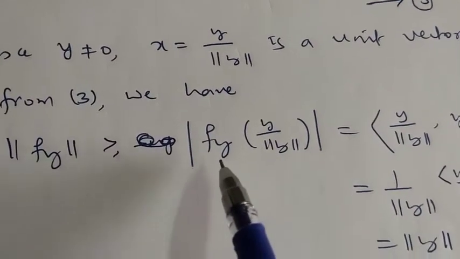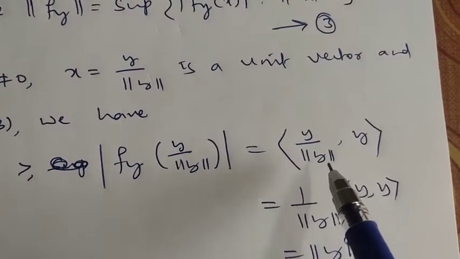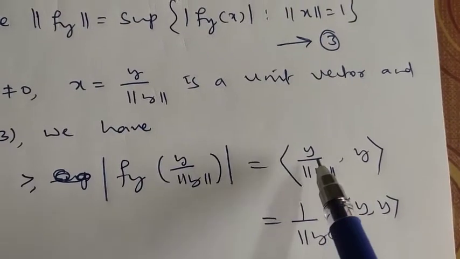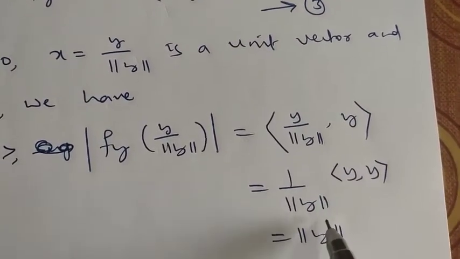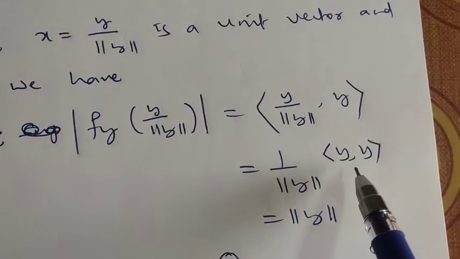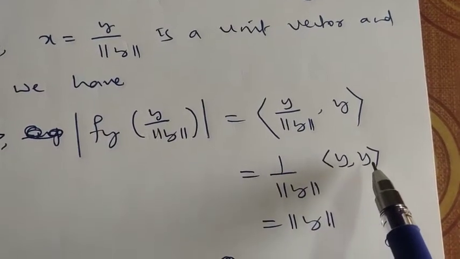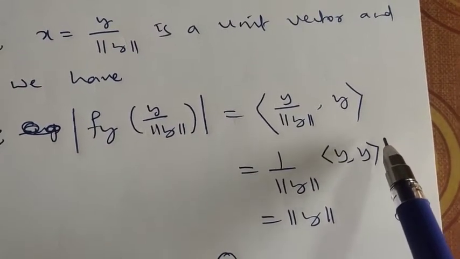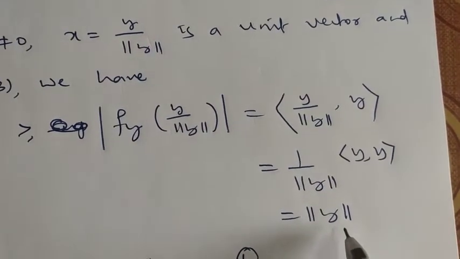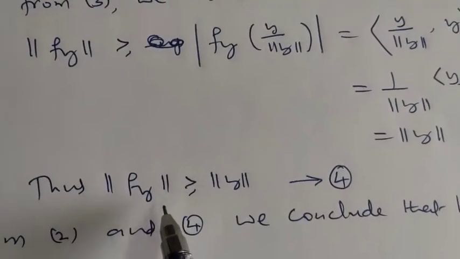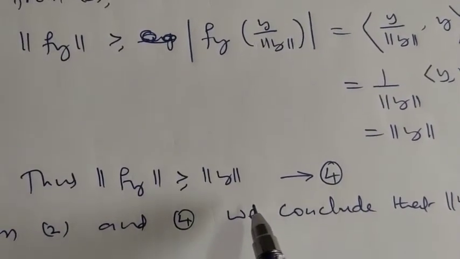So this is greater than or equal to Fy of y by norm of y. You apply the definition, so this is equal to the inner product of y by norm of y comma y, which is 1 by norm y into the inner product of y comma y. The inner product of y comma y is norm of y square, and one norm of y cancels with the denominator, giving norm of y. Thus norm of Fy is greater than or equal to norm of y.